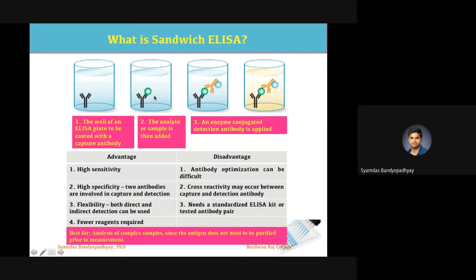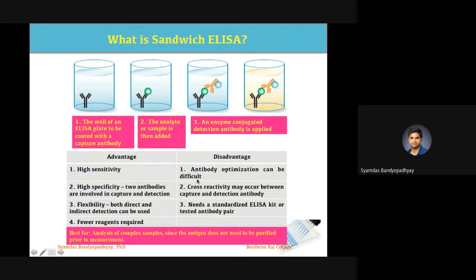Sandwich ELISA is one of the most used techniques in a molecular biology or immunology laboratory, because it has great advantages: high sensitivity, high specificity, it is very flexible, and fewer reagents are required. Although it also has certain disadvantages, like the antibody optimization can be difficult.